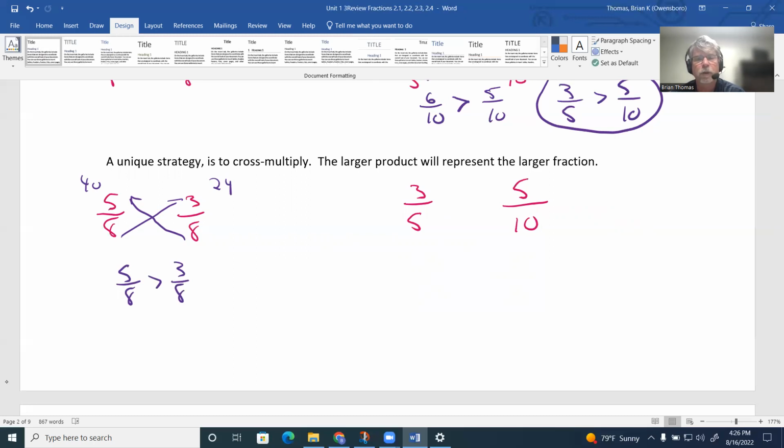If I do cross multiplication here, it could also tell me whether these are equal or not. Since this is 30 and this is 25, they're not equal. We recognize that 3/5 is greater than 5/10. So we can also use the cross multiplication strategy to determine whether or not the fractions are equal.